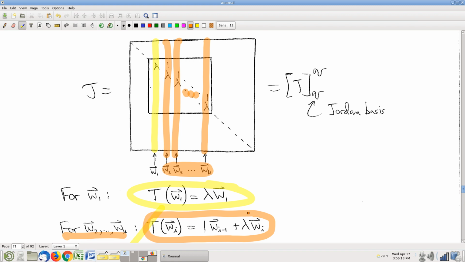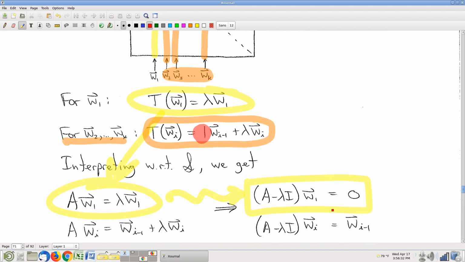The only difference being these columns are the ones that have the 1s in them above the diagonal. So that gives me that 1 right there. Therefore, this extra term. Again, kind of old news. But now let's just write that down with respect to the standard basis and move things around just as we did last time. This, with respect to the standard basis, I would write like that.